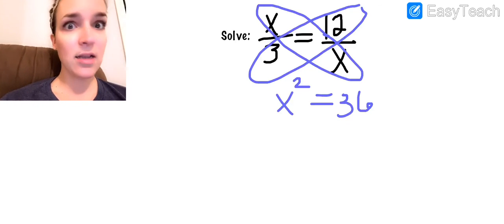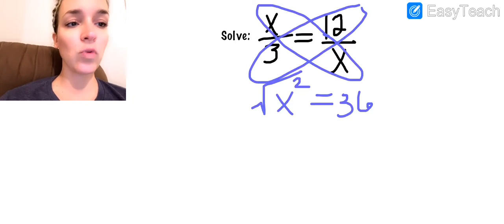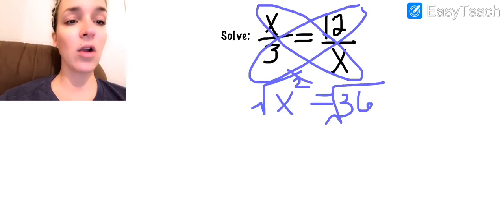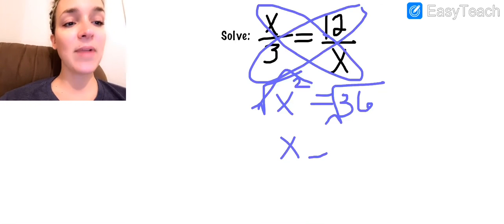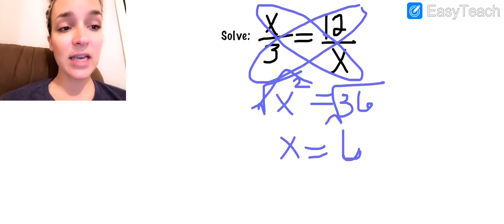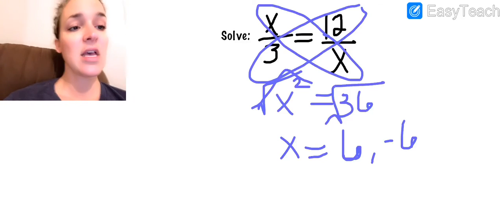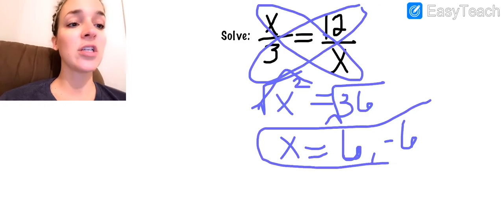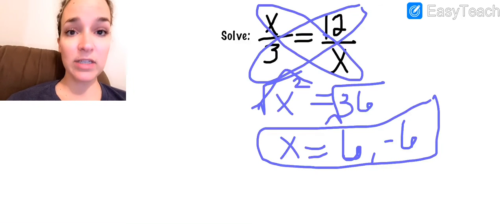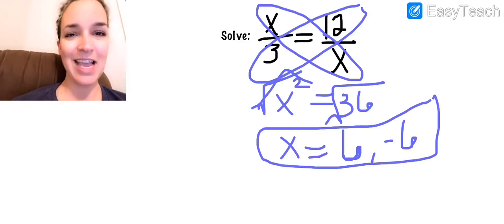Again, we see X being squared here. The only way to undo that is to square root. So that leaves X by itself. And we know the square root of 36 is 6, but it could also be negative 6. This is not a real world situation, so we don't have to really think about reasoning here. We can just say my answers could be positive 6 or negative 6. End of story. And that's it.